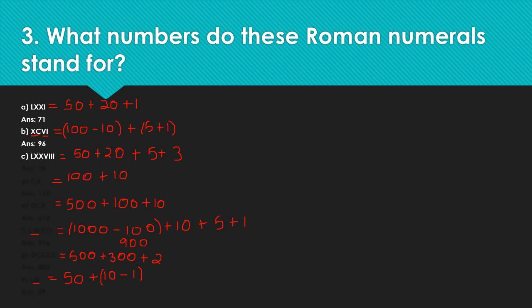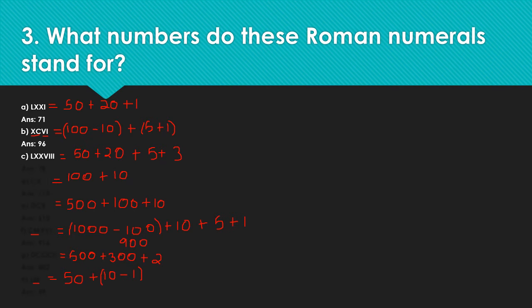Then third, that is C, L, X, X, V, I, I, I. So L is 50. Here 2 X's are given.